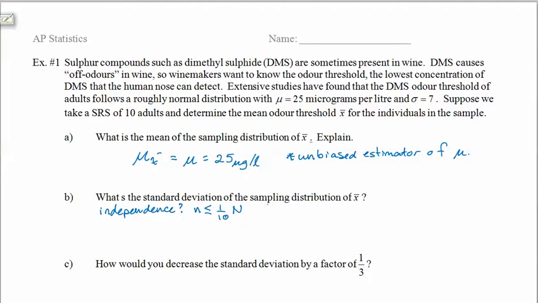So if we rearrange this, the population size would have to be greater than or equal to 100. And it is reasonable to assume that there are more than 100 adults in the population.